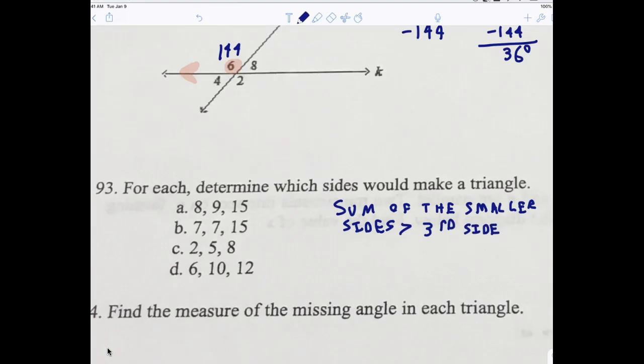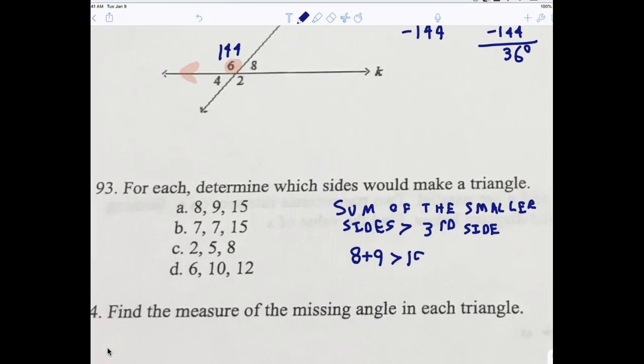You hear me? So is it possible for A to be a triangle? Well, the sum of the two smaller is what?